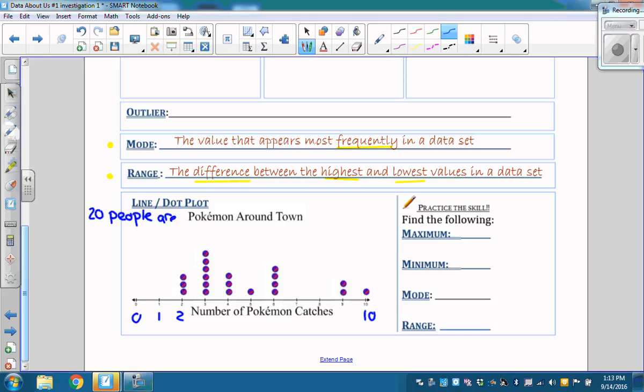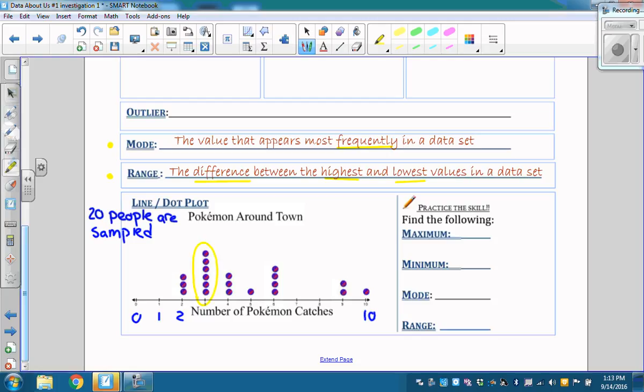Okay, and then AJ, can you tell what the mode is? 3. Raise your hand if you agree with that. Or maybe. You're actually right. So there's a little confusion because hardly anybody has their hand up. So you want to explain why you know the mode is 3? Because the value that appears most frequently is 3 because there's the biggest amount of dots.